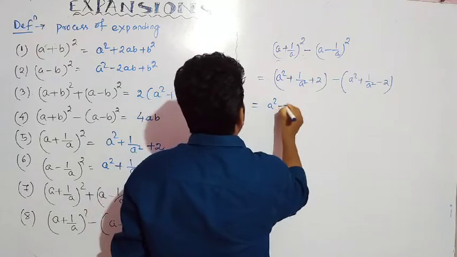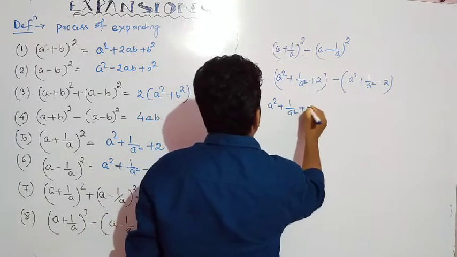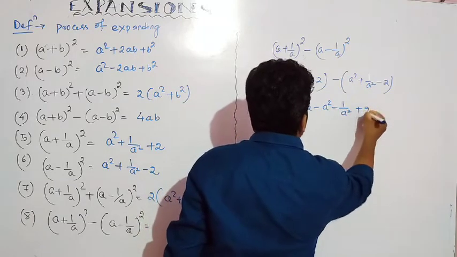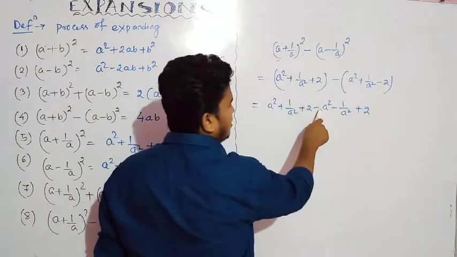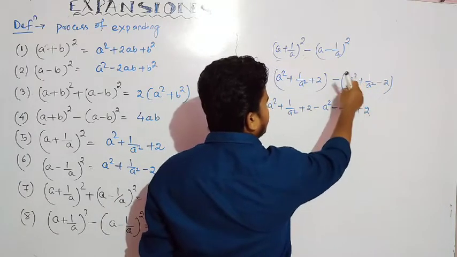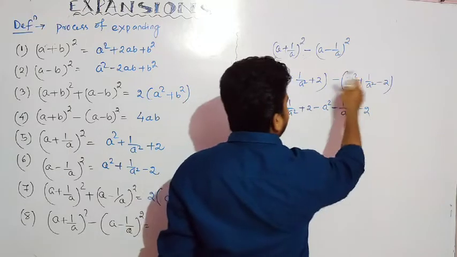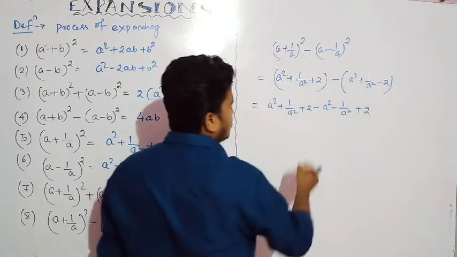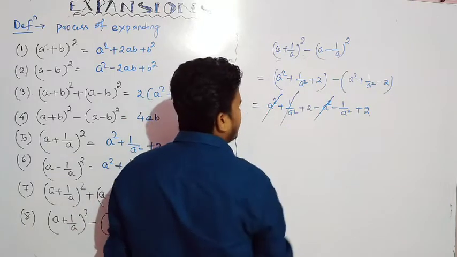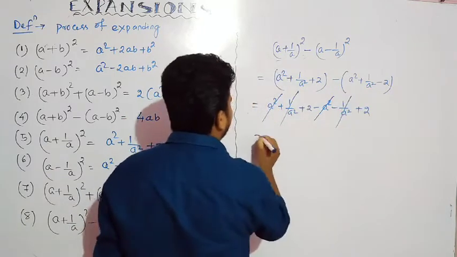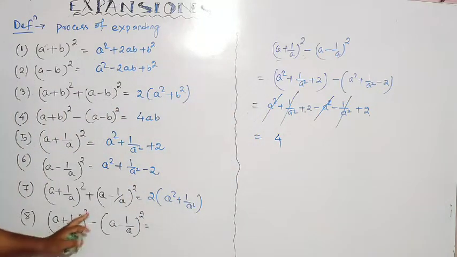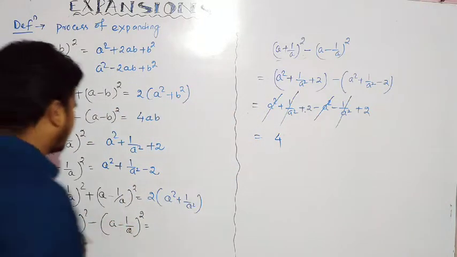Now we open the bracket: a² + 1/a² + 2, here minus a², minus 1/a², and the minus 2 becomes plus 2. Minus a² plus a² get cancelled, plus 1/a² minus 1/a² get cancelled, and 2 plus 2 gives 4. So (a + 1/a)² − (a − 1/a)² = 4.